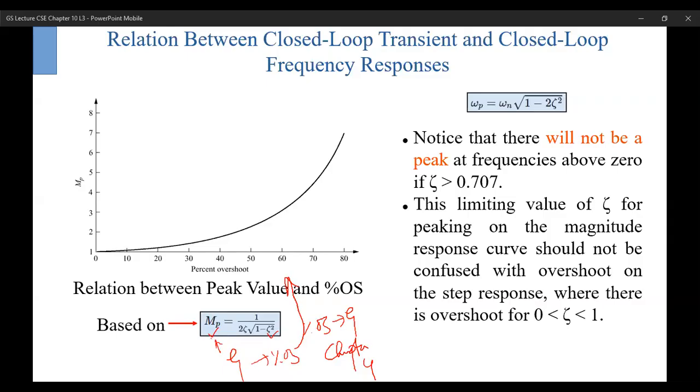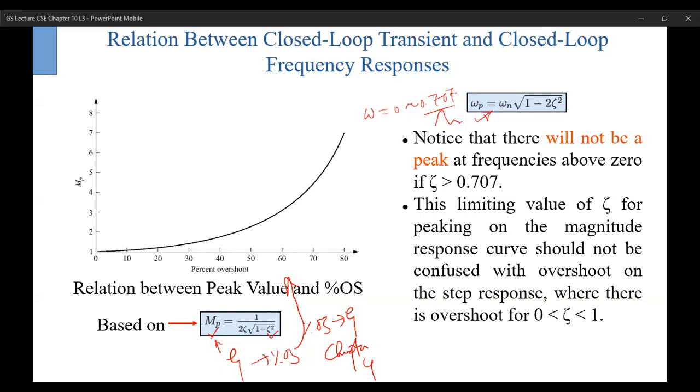One thing we have to be careful about is the peak value. If zeta varies from 0 to 0.707, then we will always find a peak value.